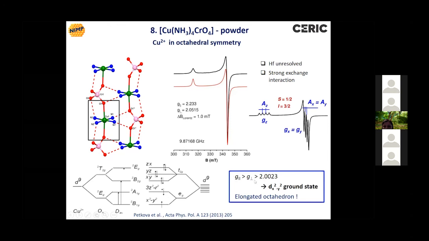So depending on their relative values, you can at least say which is the ground state, what is the wave function of the ground state. And this wave function corresponds to an elongated octahedron. If it would be a compressed octahedron, we'll have an inversion of the energy levels here.